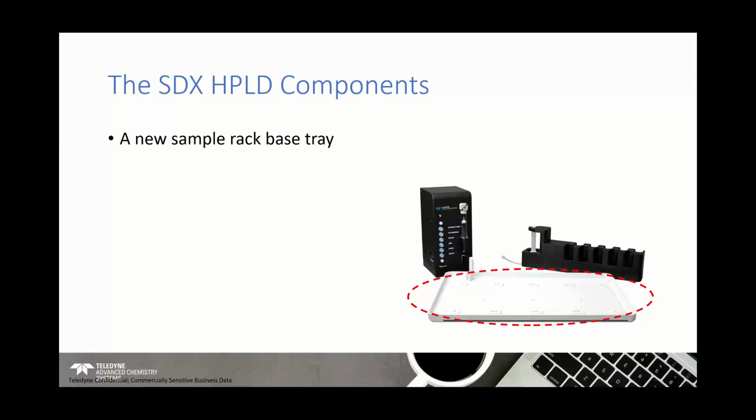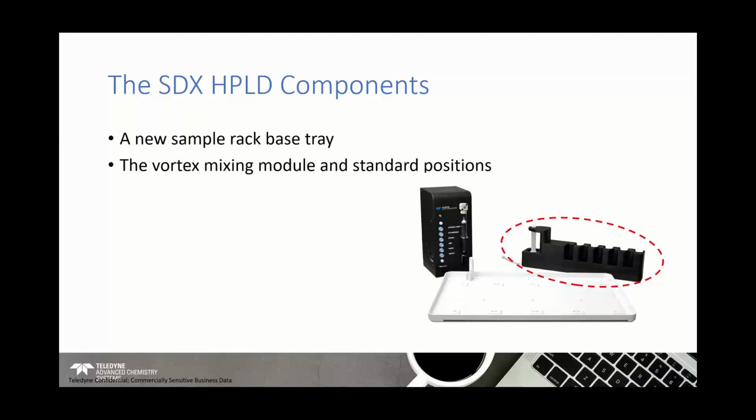Then we add the next component, which is this vortex mixing module and standard positions assembly. On the left side of that component you'll see the vortex mixing vessel, and to the right of that, a new set of standard positions.